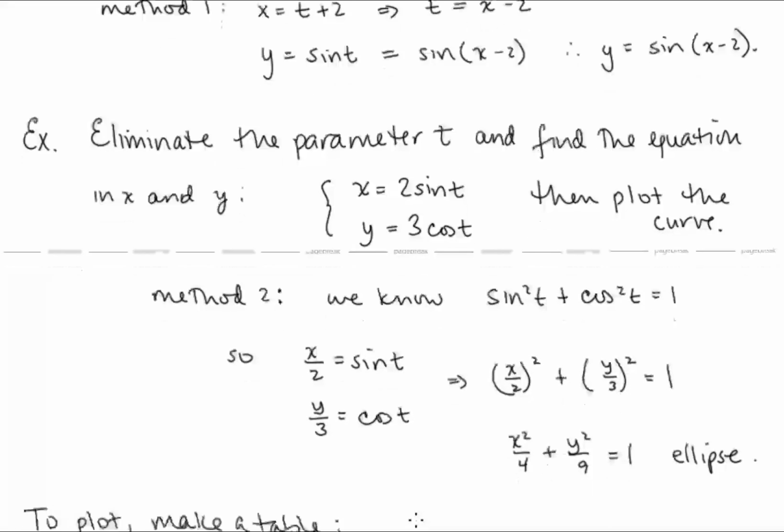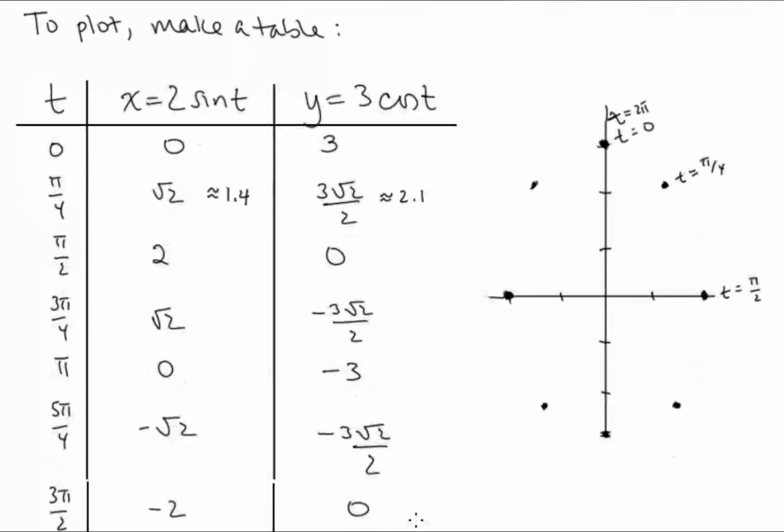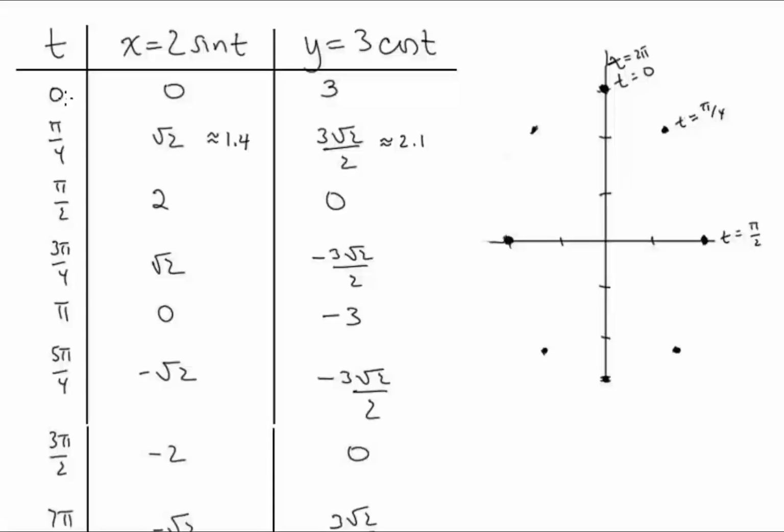Now to plot, we start by making a table of data. So when t is equal to 0, we have x equals 0, y equals 3, we're here for t equals 0. Then for t equals pi over 4, we have x equals radical 2, y equals 3 radical 2 over 2, so that's approximately 1.4 comma 2.1.